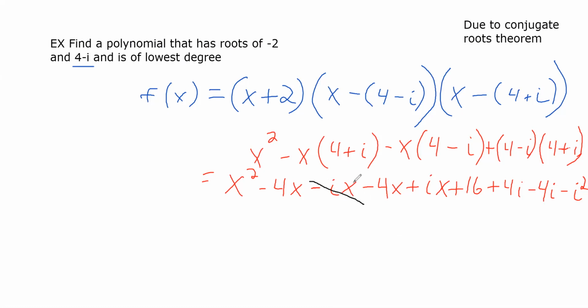We've got minus ix plus ix, plus 4i minus 4i. This becomes minus i squared. i squared is -1, so it becomes plus 1. We already had plus 16. We still have minus 4x, and another minus 4x, and then we have the x squared at the beginning.